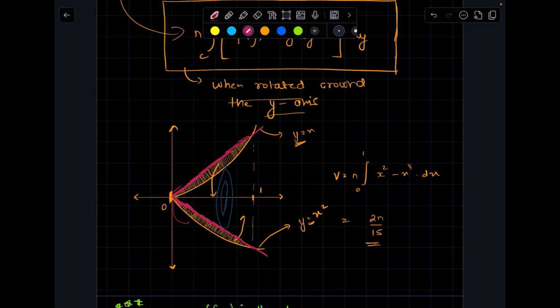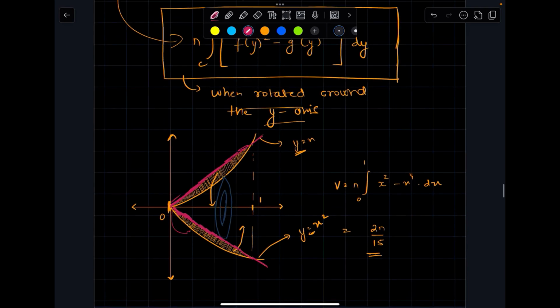This is basically what happens when you revolve it. This is not the graph itself, but when you're in the first quadrant, x is always above x squared. So x becomes f of x and x squared becomes g of x.